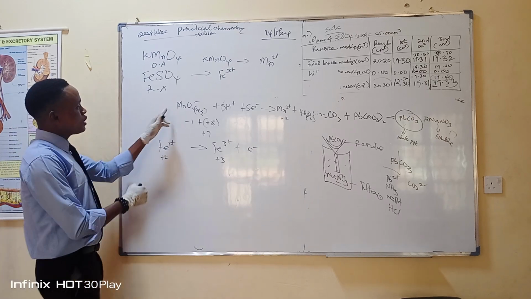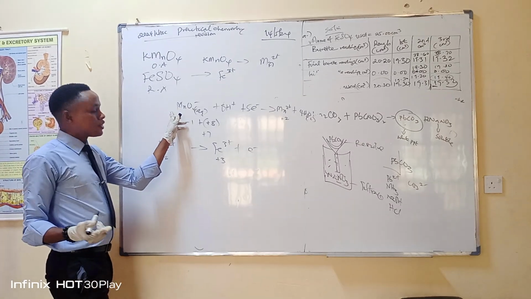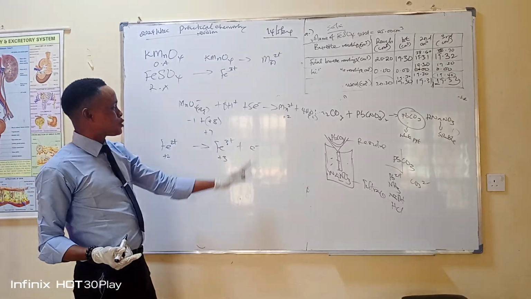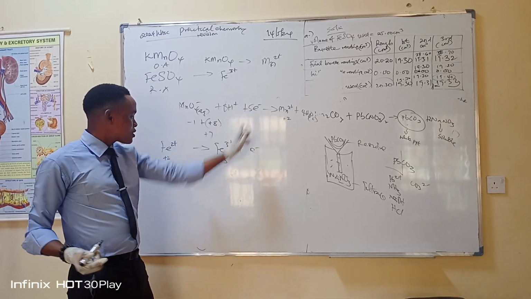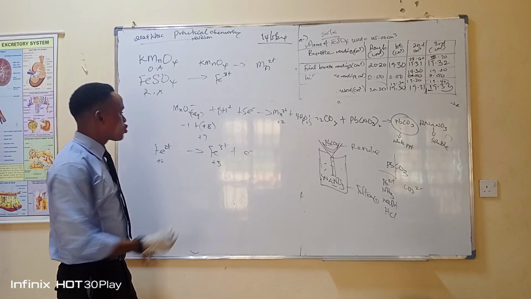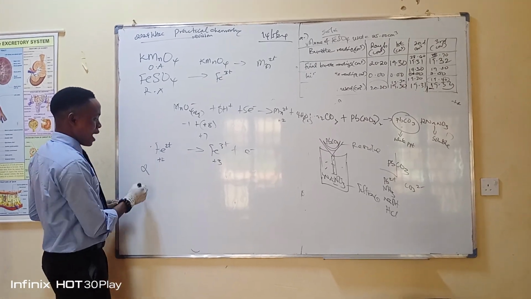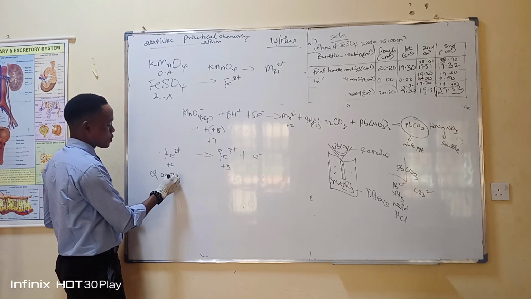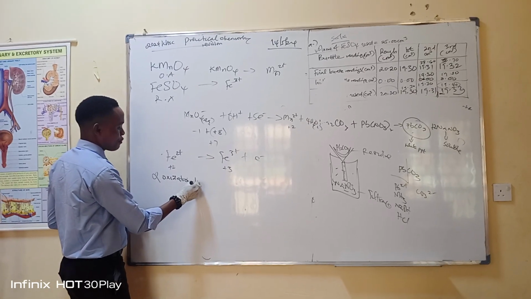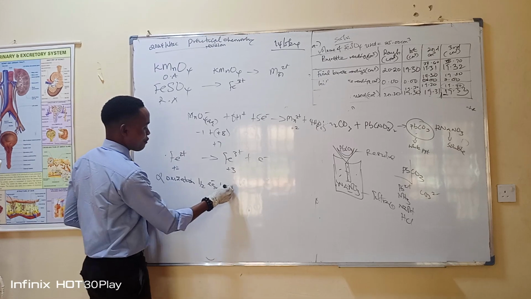Then remember the rule: the number of electrons lost must be equal to the number of electrons gained. So here you have 5 electrons, and here you have just 1. So you multiply the oxidation half equation by 5.